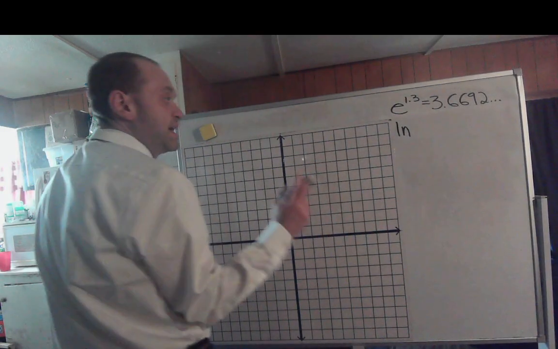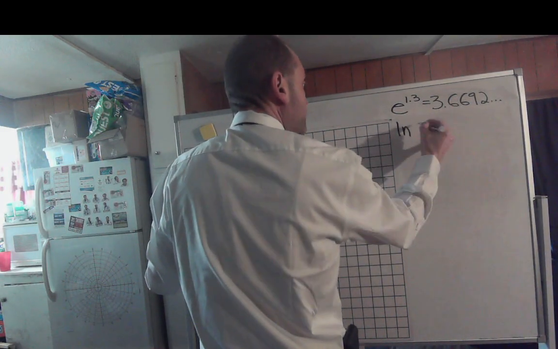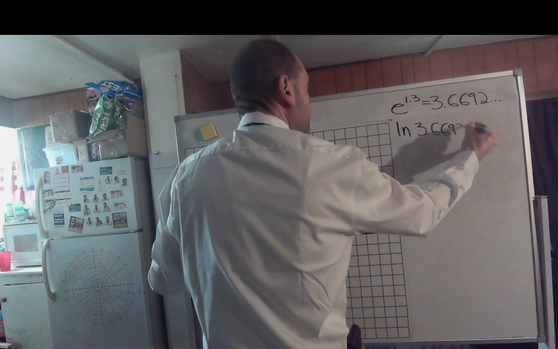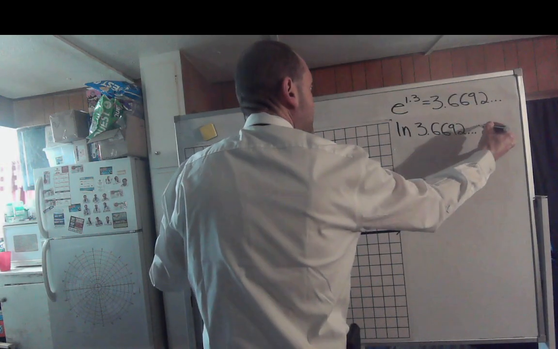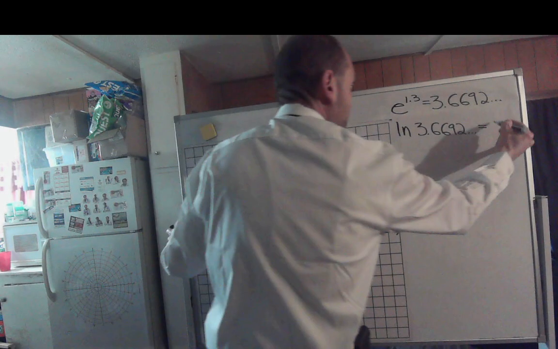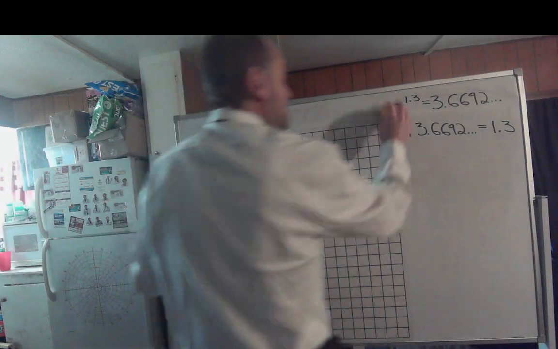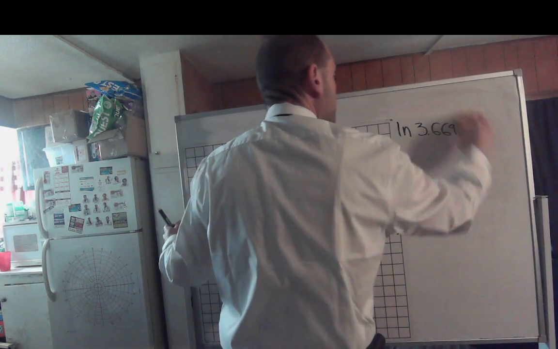So this is the natural log of 3.6692... equals 1.3. That's how you would convert that into logarithmic notation. Let's do two more of these, and then we'll move on to some other stuff.